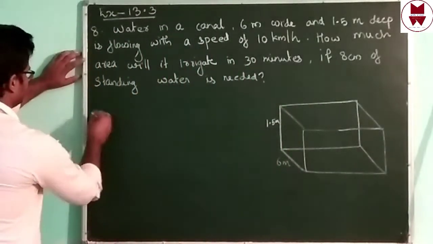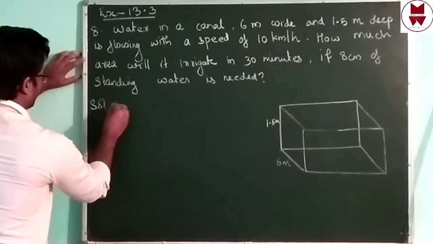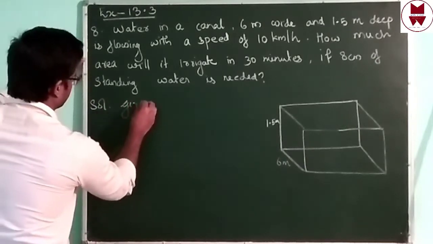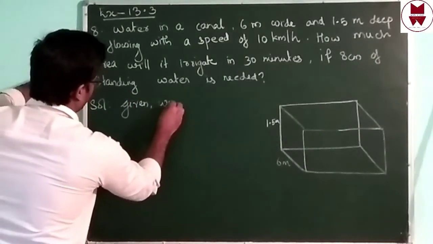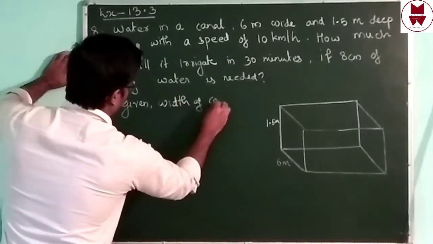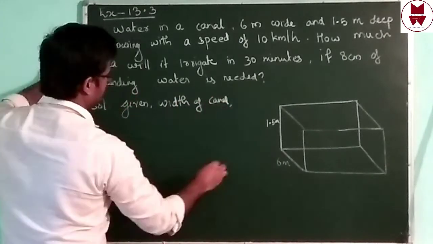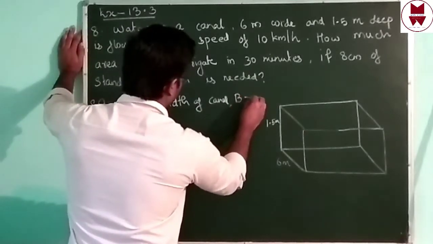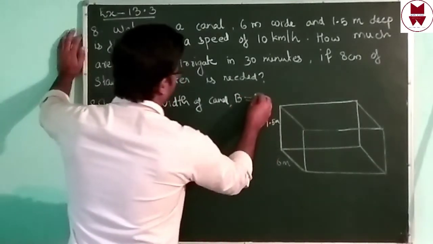We can write the given: width of canal, capital B, just take it, that is 6 meter.